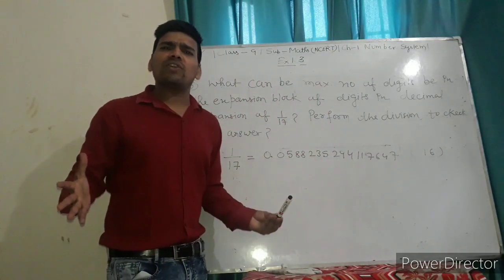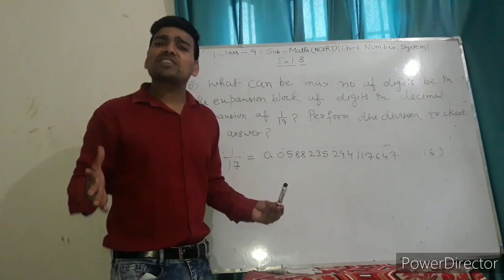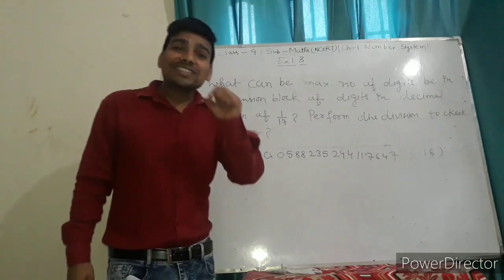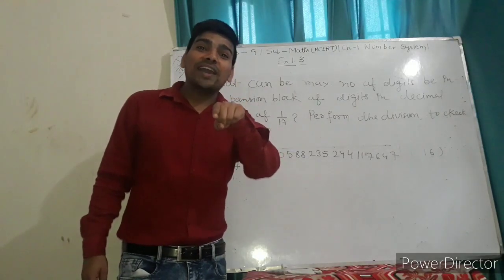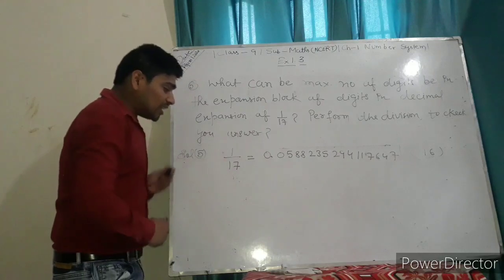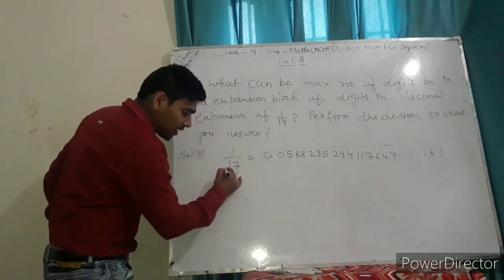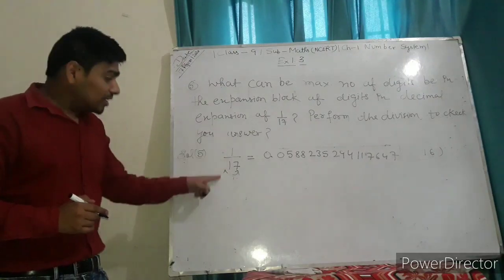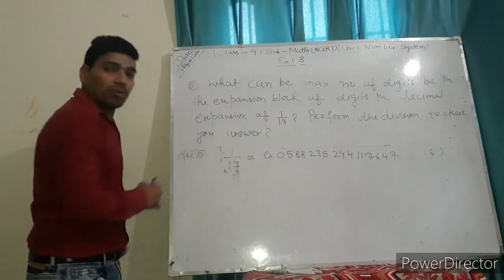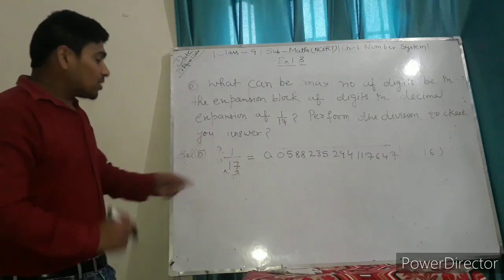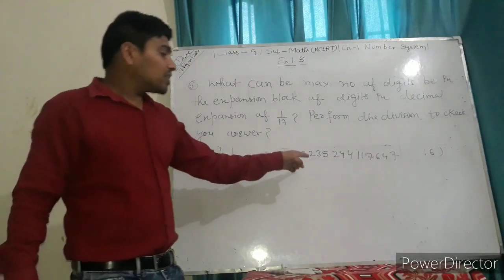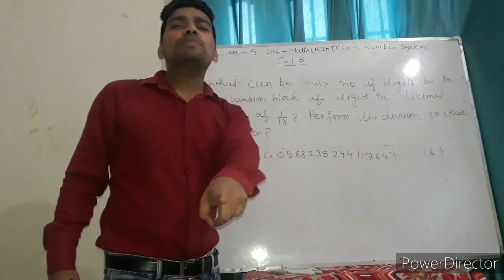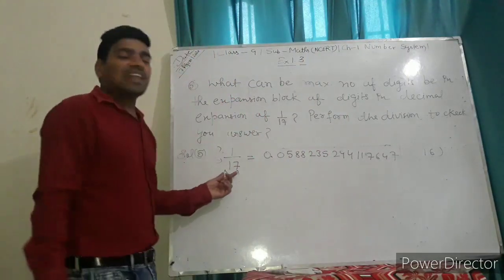So what do you learn from this sum? What is the need of this sum here? This sum is here to teach you that if there is a denominator, suppose the denominator is 17, but it must be in its standard form, in co-prime form, then the number of digits in the repeating block will always be less than this denominator.